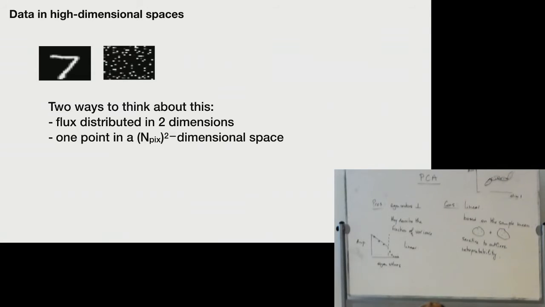PCA treats all the pixels as different dimensions, different columns of a table, and you can reorder them the way you want. That can be a good thing or a bad thing. PCA is capable of doing, for example, digit recognition on the image that is on the right. It's very difficult for you, but PCA can do that as well on the right or on the left, because it doesn't care about the smoothness of the data.